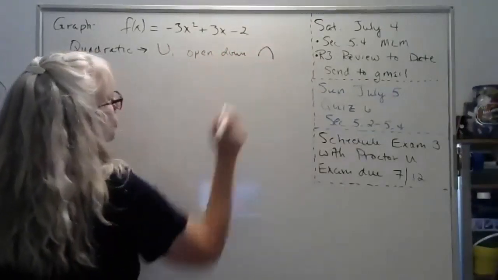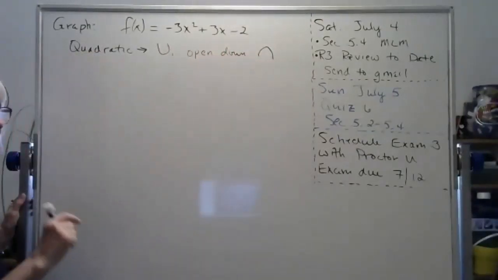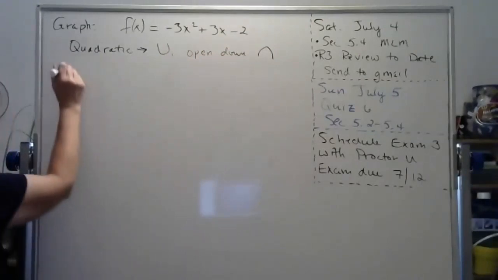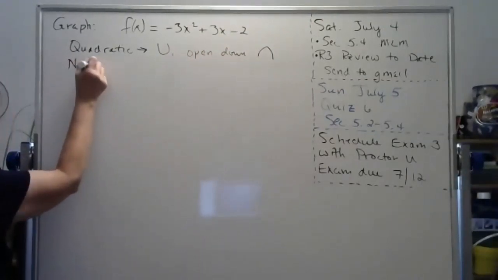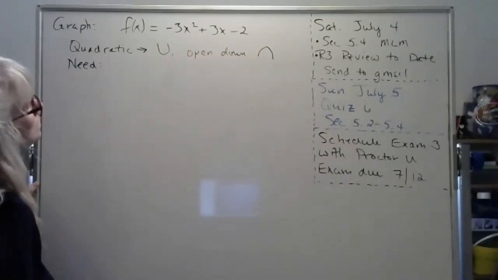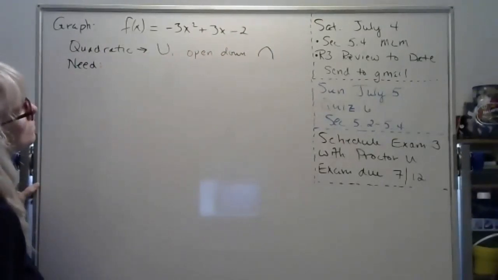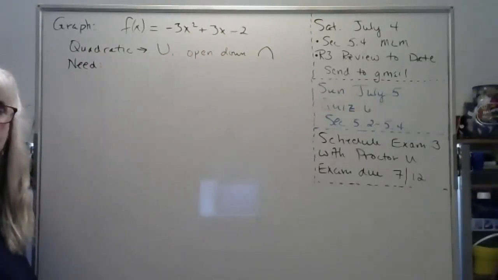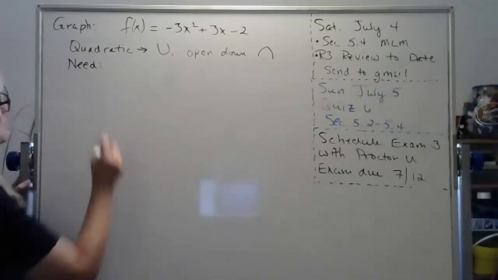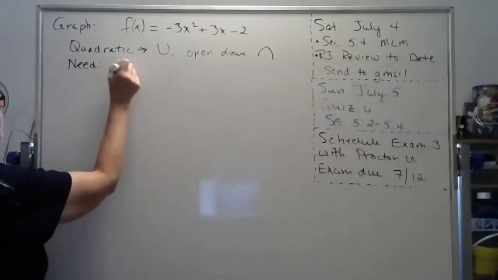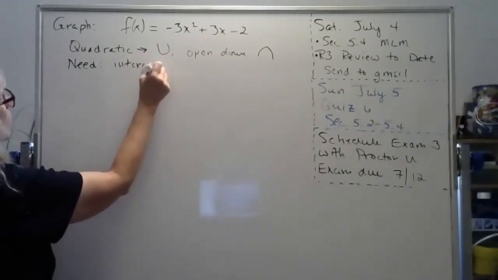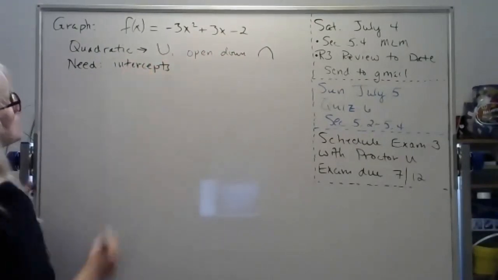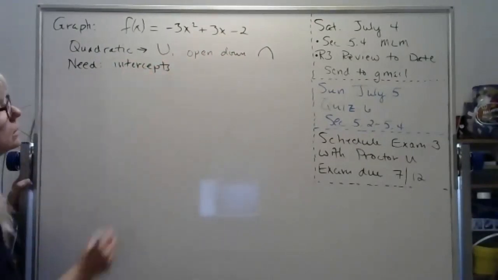So I guess it would look more like that. So in order to graph it, what do we need? The x, y intercepts? Yep, so we need the intercepts. And what else do we need? There's one more thing we need.